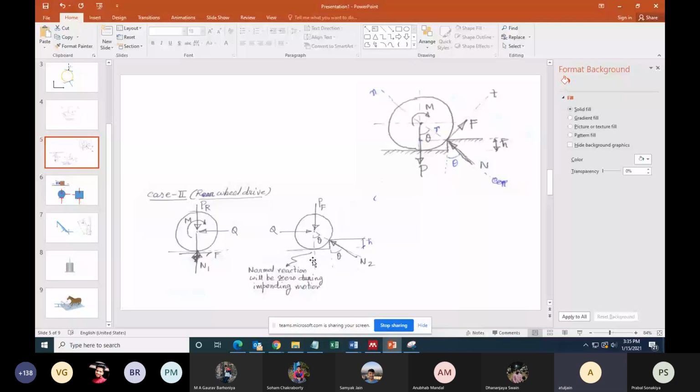And there is no rolling friction. The wheel is not rolling. This was question number 5. The main important new thing that you have perhaps come across is front wheel drive. The torque is with respect to the front wheel. Case 2, rear wheel, the torque is with respect to the rear wheel. Okay, thank you, sir.